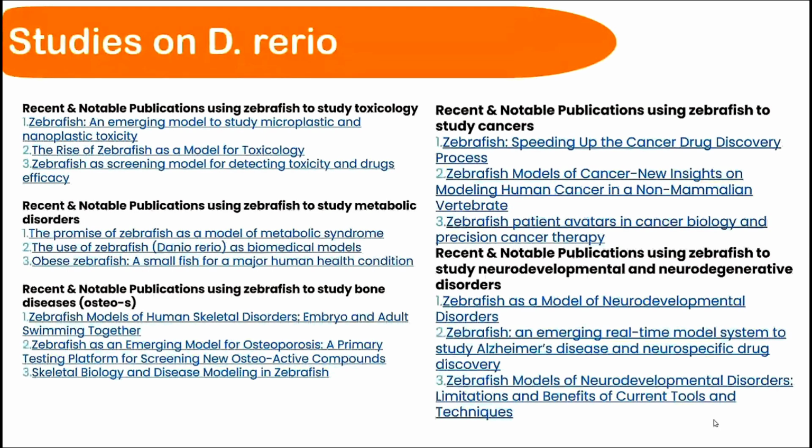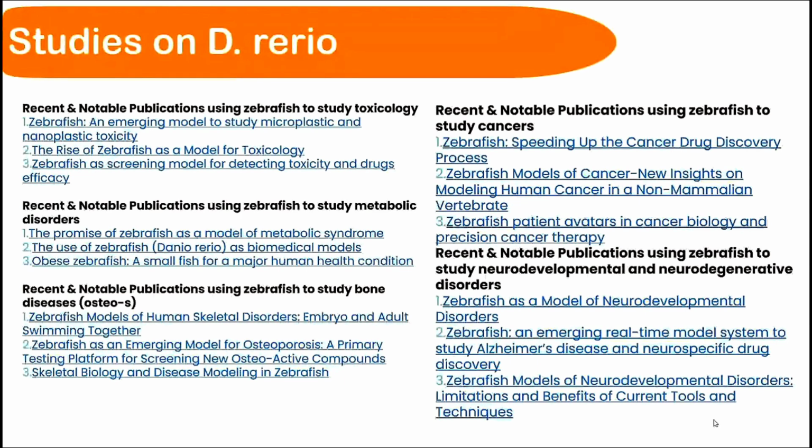Then cancer related drug delivery and drug discovery studies have also been carried out in zebrafish, along with correlation of these studies to human cancer and some non-mammalian vertebrates as well. Some precision cancer therapy studies have been carried out in zebrafish as well. And like I have been repeatedly telling you, neurodevelopmental disorders have found important space in all model organisms, such as Parkinson's disease and Alzheimer's disease.